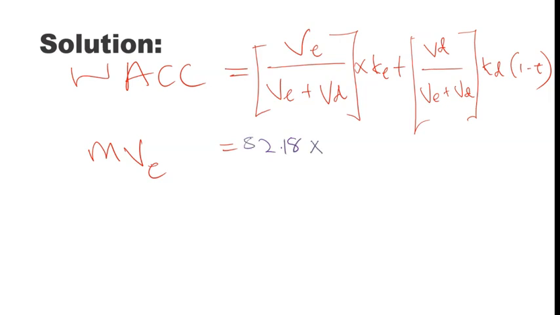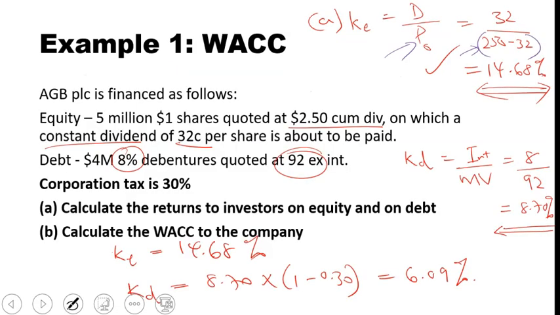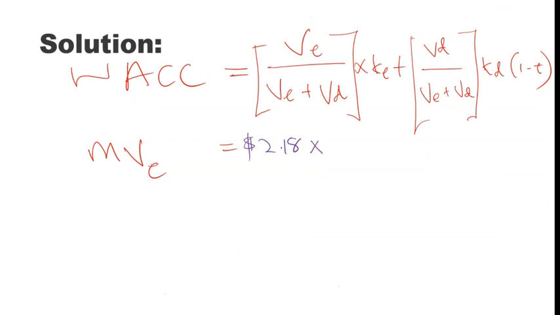That's the market value of a share, $2.18 or 218 cents, multiplied by 5 million shares. So 2.18 multiplied by 5 is 10.9 million.